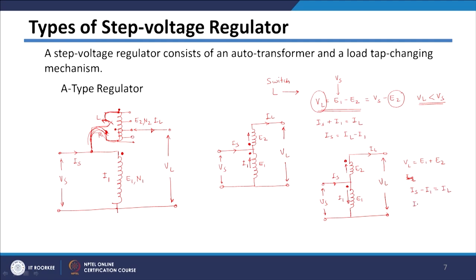So, in that case your Is will be equal to IL plus I1. So, by connecting your regulator to the R terminal, we can increase the voltage. So, here you can see that your VL will be more than Vs.